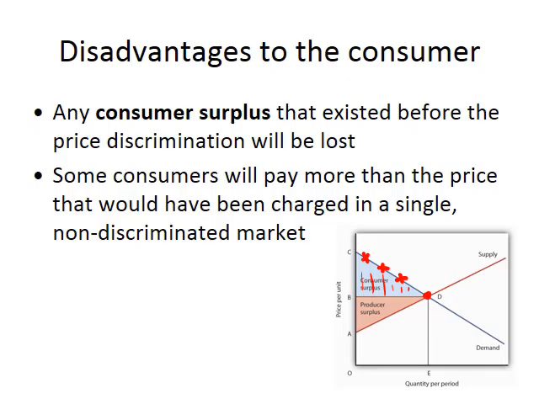Well, with price discrimination, what the producer is going to do is, if someone's willing and able to pay these higher prices, they're going to make it so they do have to pay the higher price. And so the consumer surplus is lost. And some consumers will pay more than the price that would have been charged in a single non-discriminated market.